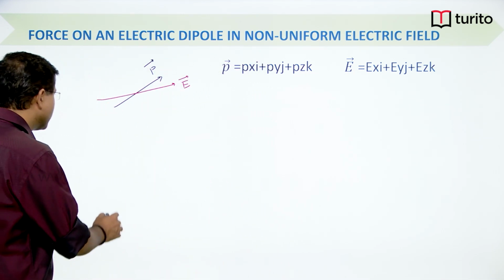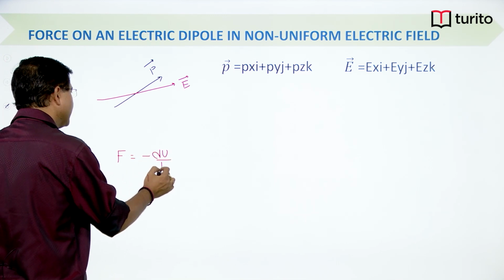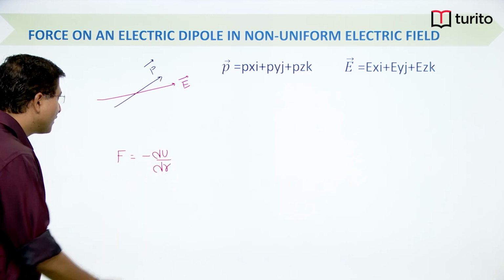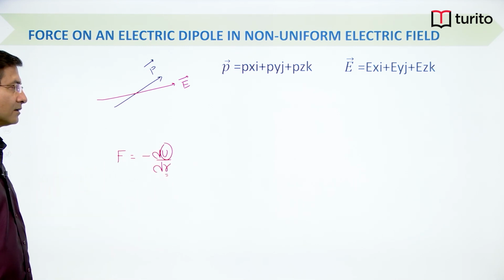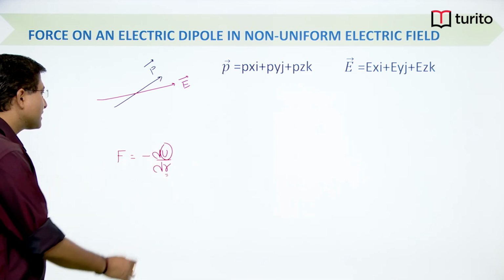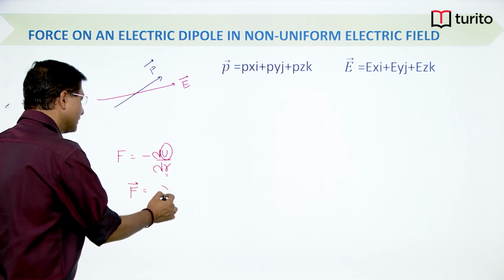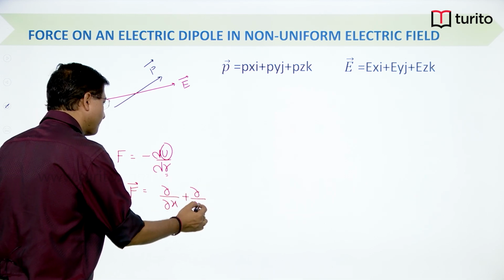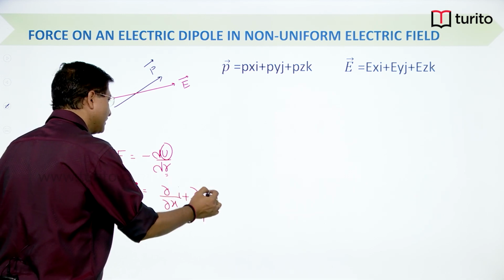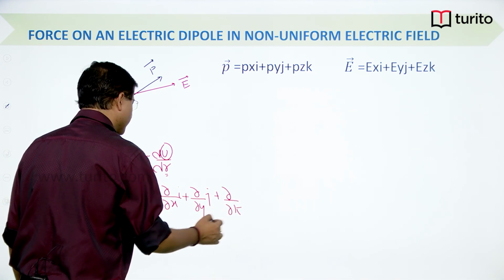So F is equal to minus dU by dr. If I have the energy, I will differentiate with respect to r, then I will get the force. If this r is given in vector form, I can do this: del by del x i, j, k.